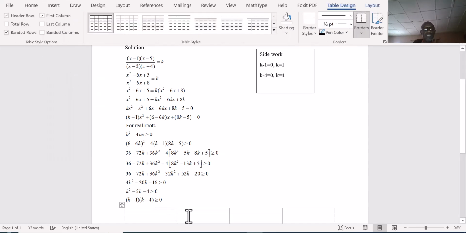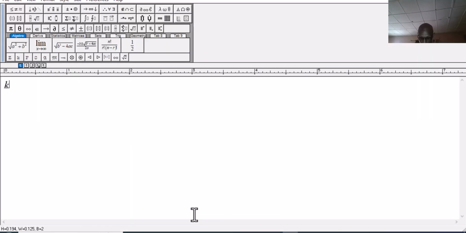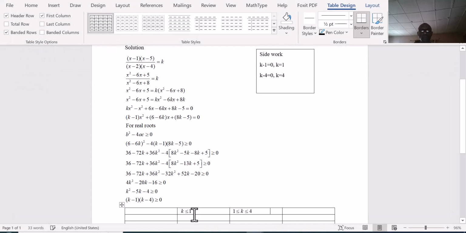In that table, I will say k less than 1, then 1, then 4.